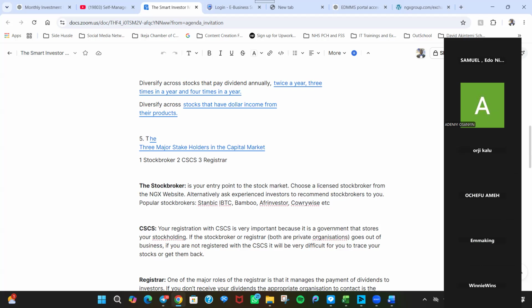Paper asset, any money you put into stocks and shares, that's paper asset. Money you put into money market, federal government savings bond, treasury bill, money market fund, those are paper assets. Even money you put into a pension fund is a paper asset. But when you buy land or you build a house, that is a physical asset. And it is always good to have some physical assets.